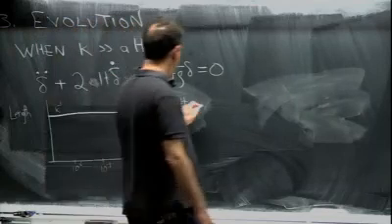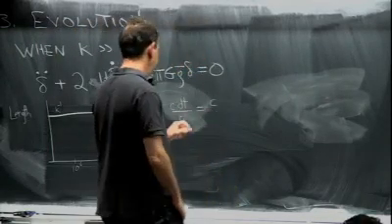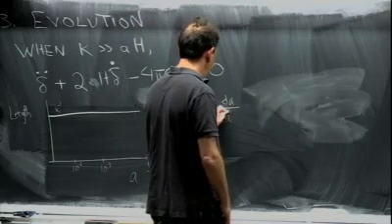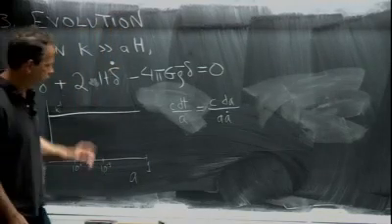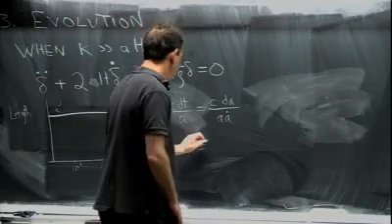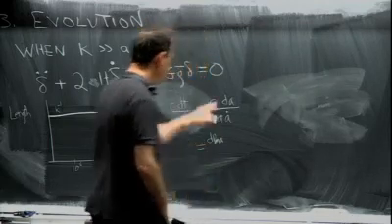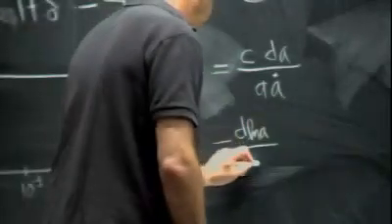So we can change variables and write this as c da over a dot, and now let's lose the c. So that's equal to the logarithmic change in the scale factor, d log a, and then a dot is aH over a.